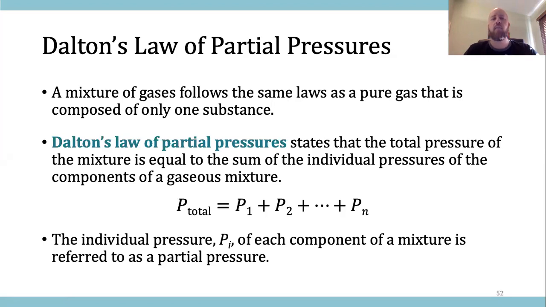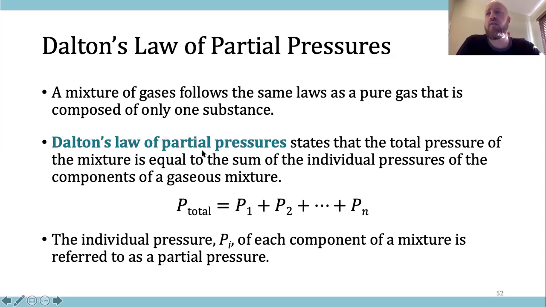In some cases, we have mixtures of gases, and we want to be able to isolate independent parts of a mixture of gases. For example, we breathe in nitrogen and oxygen, a smidge of carbon dioxide, and so the pressure related to each one of those gases gives us a partial pressure.